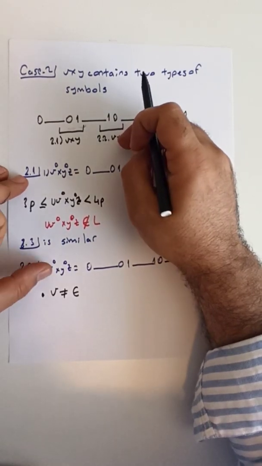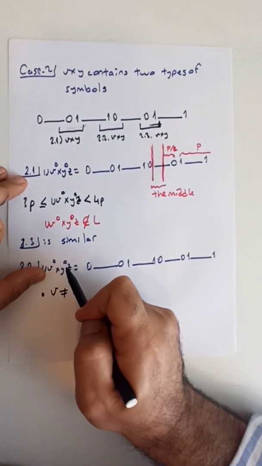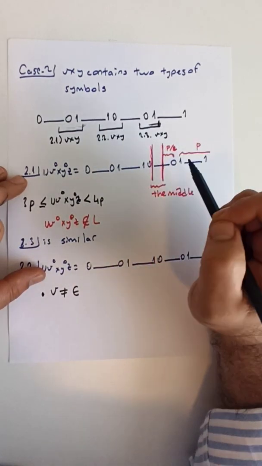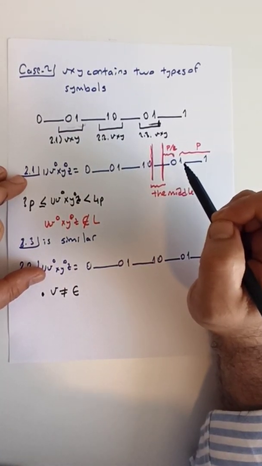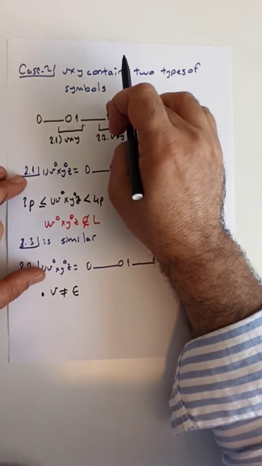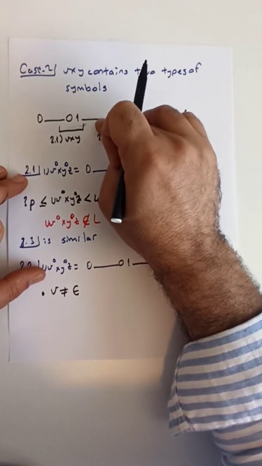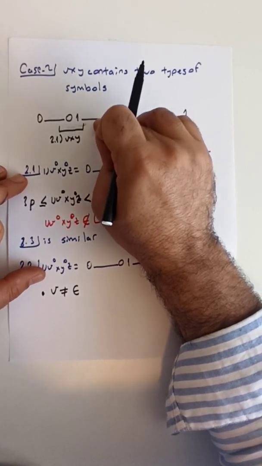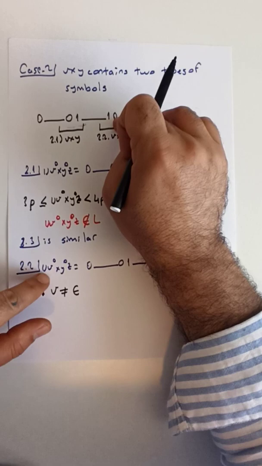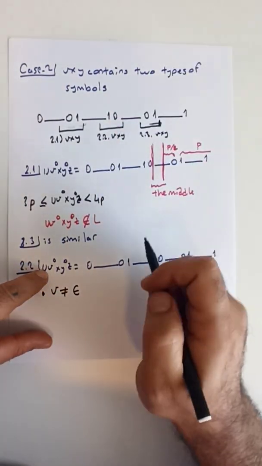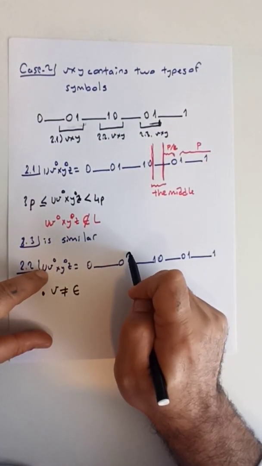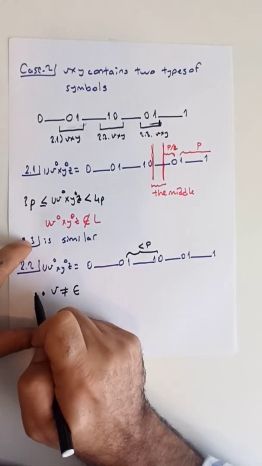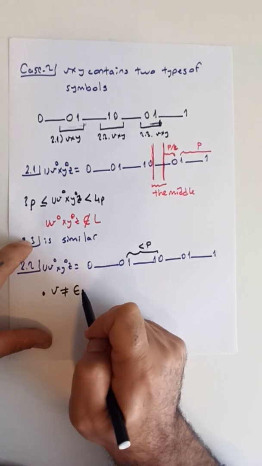In the new string uv^0xy^0z, we are removing the substring v from the original string. Since v is not epsilon, it will contain ones, or ones followed by zeros. And in the new string, therefore, the number of ones will definitely be less than p, corresponding to this case.